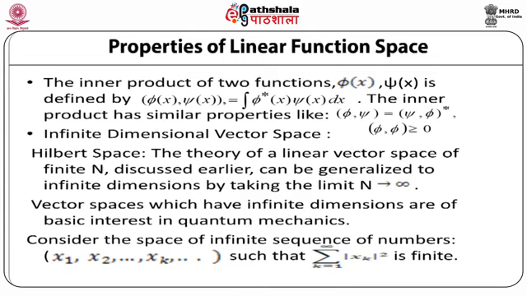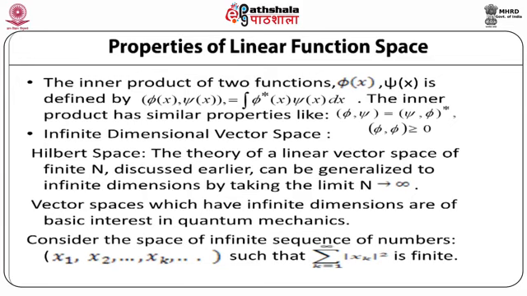It is associative, which means that if we have two functions phi and psi and a scalar lambda, then the inner product of phi and lambda into psi is equal to lambda into the inner product of phi and psi. The inner product is also distributive.